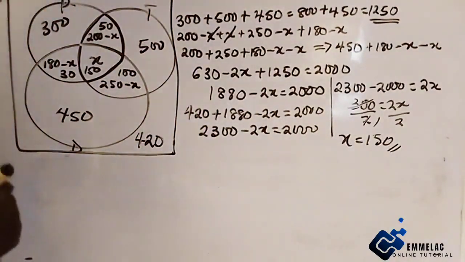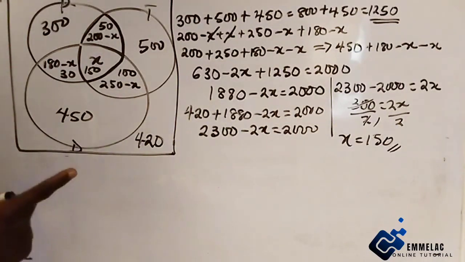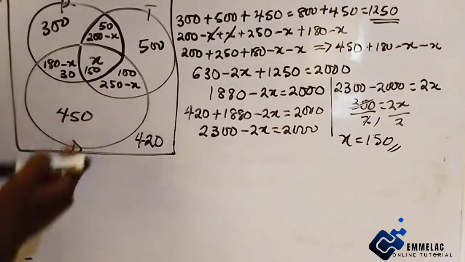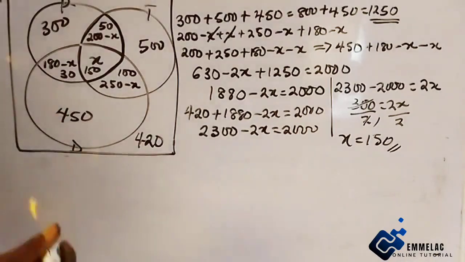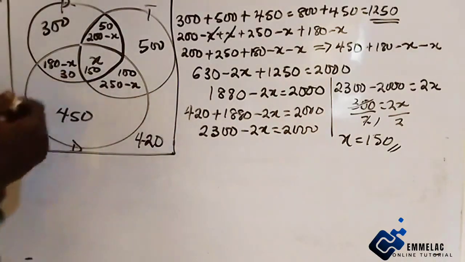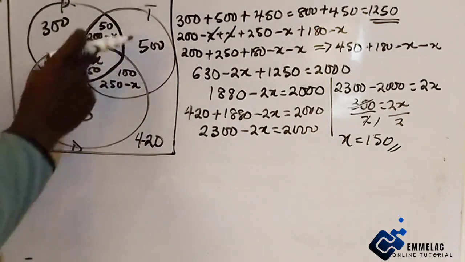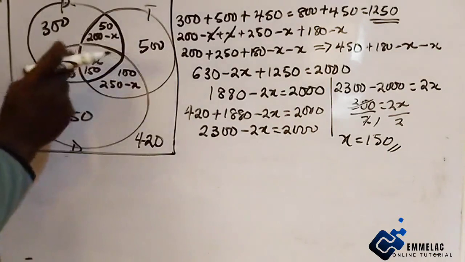Now we are also asked to look for the number of people that love at least two of these cars. We can ascertain that at least two of the cars is this plus this plus this plus this.